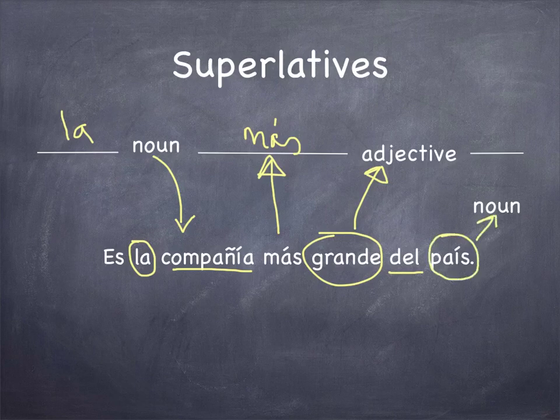País is the noun, but because it is a masculine noun and is preceded by an article el, then we have to make the contraction, and that is where the del comes from. It is the biggest or the largest company in the country.